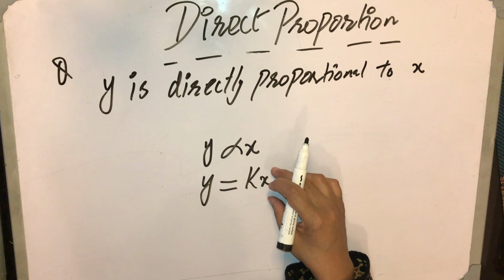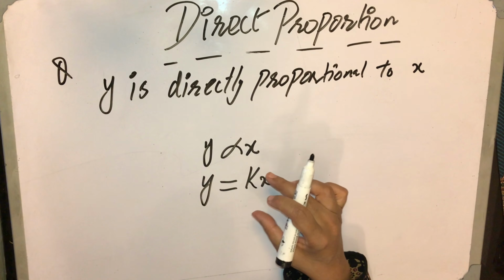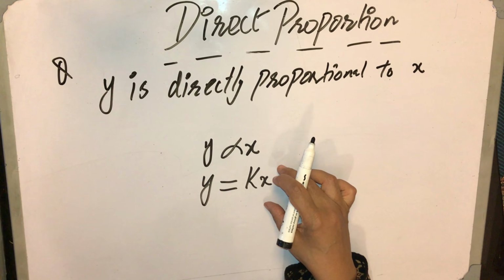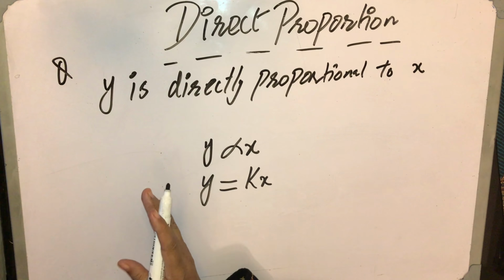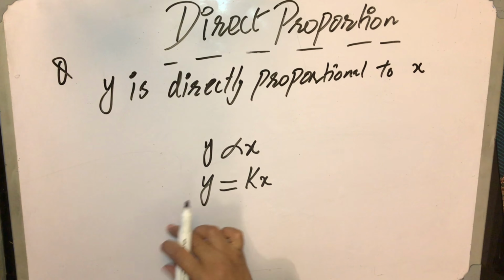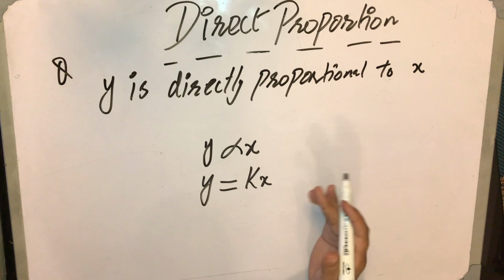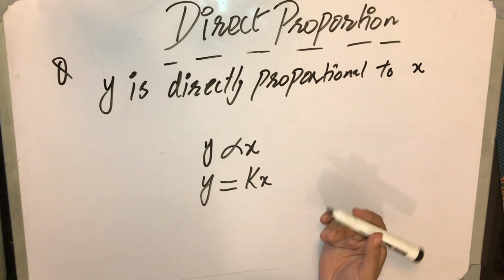When I multiply that constant, a specific value, with different values of x, I shall have different values of y. Or when I divide y by that specific number, I shall have different values of x. Or in other words, when I divide y by x, I shall have k, the constant.